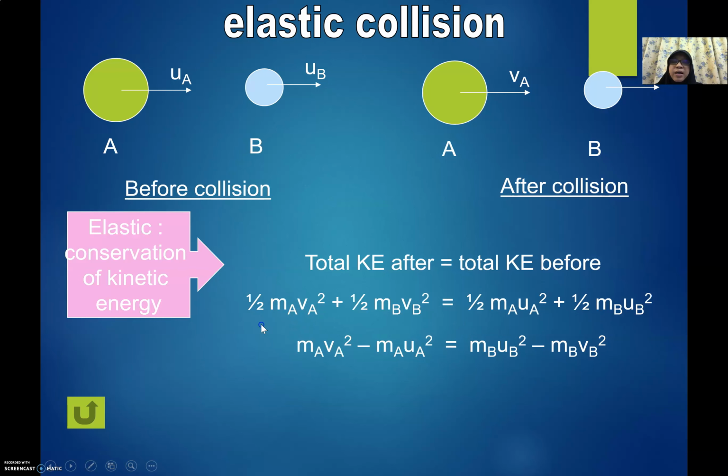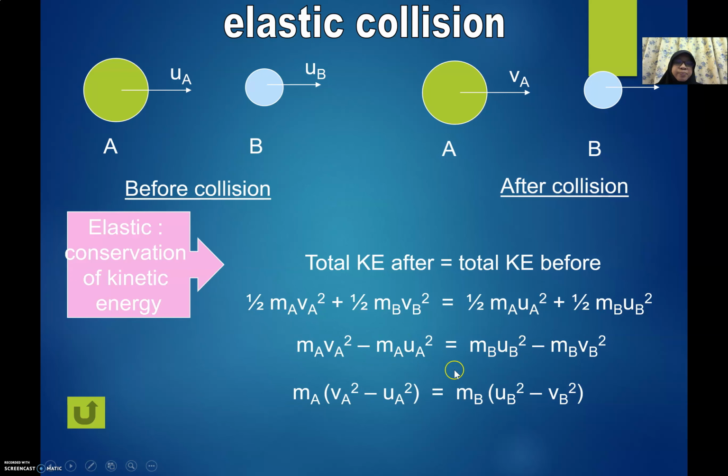So we cancel out all the half, one over two, so we get MA VA squared minus MA UA squared equals MB UB squared minus MB VB squared. So we put the A terms on one side and the B terms on the other side.